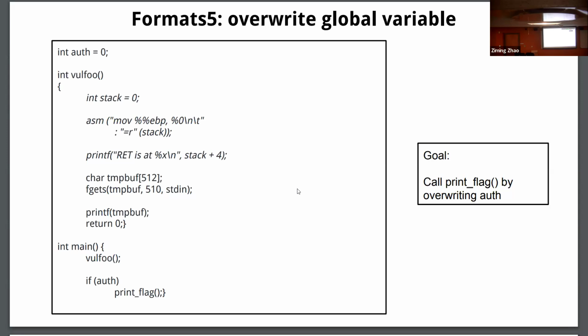Okay. So if you put a %x here, this %x will map to the second variable, right? If you put another %x, it will map here. Eventually, you want a %n here, which can map to some place you can control.